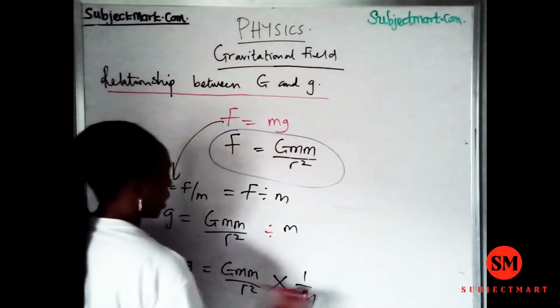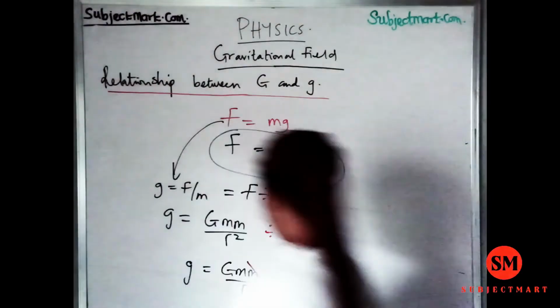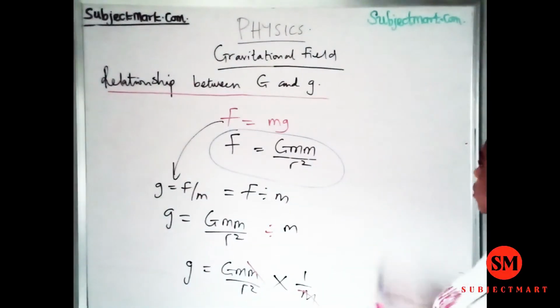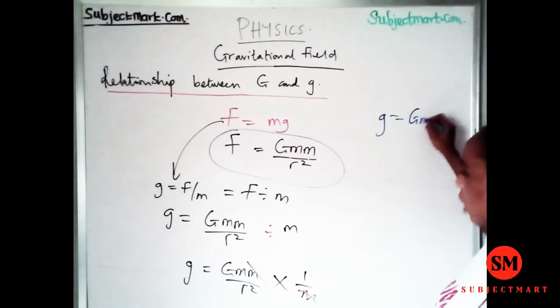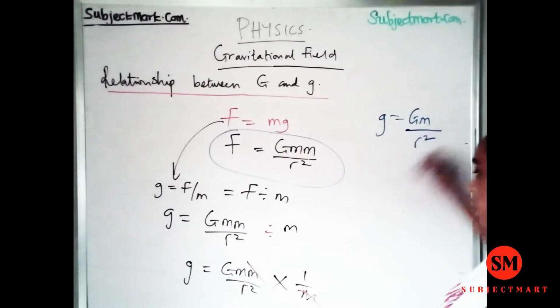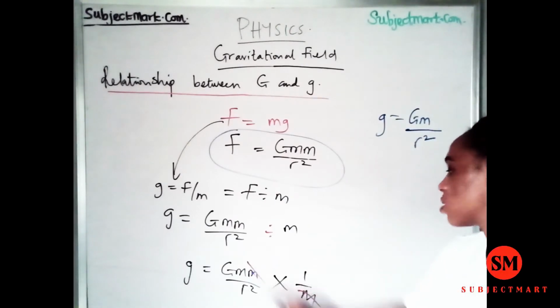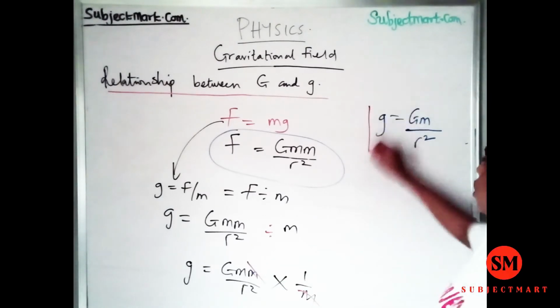So m cancels m. So I have small g is equal to GM over r squared, since this has cancelled this already, and that gives me the relationship.